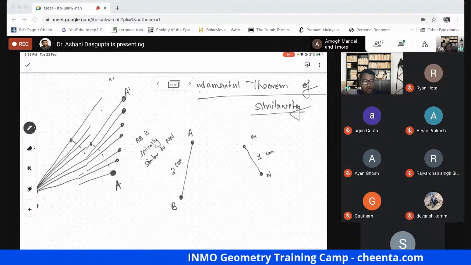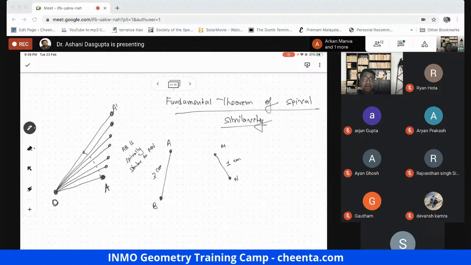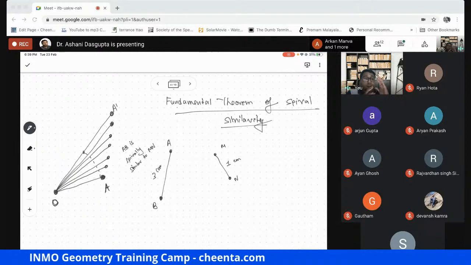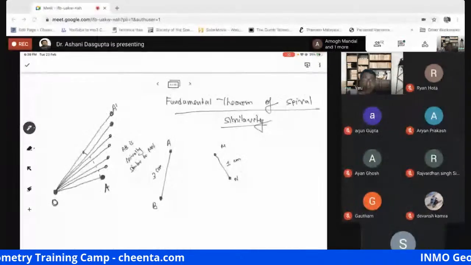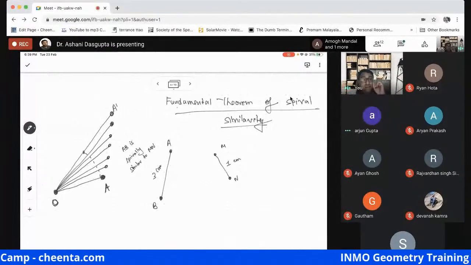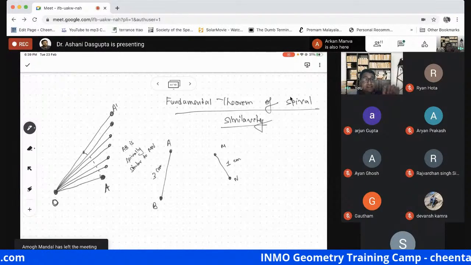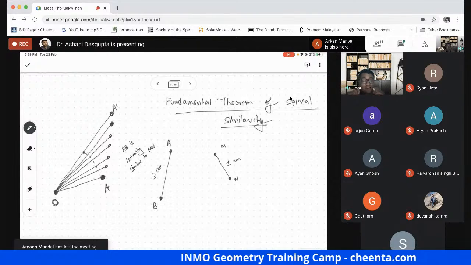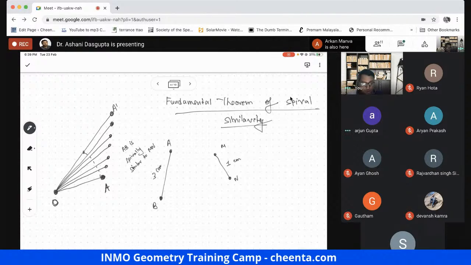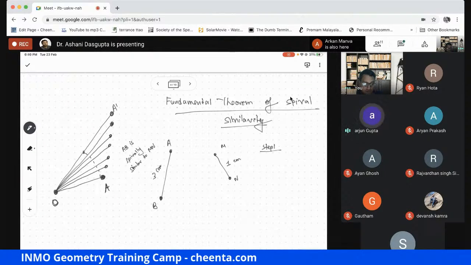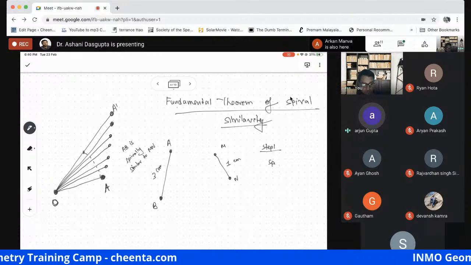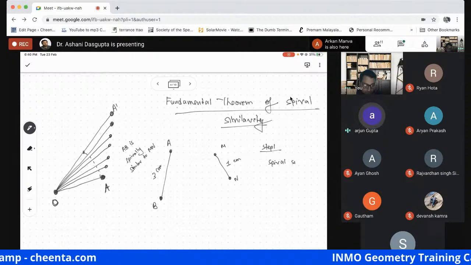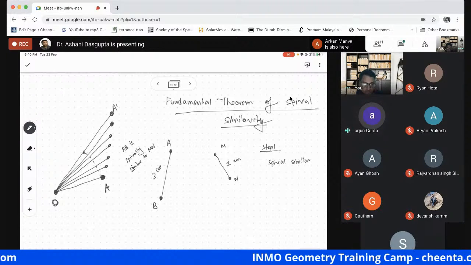So, can you show rigorously that AB is spirally similar to MN? And to do that, the first thing you need to find out is the center of spiral similarity. So step one. But sir, while we move AB, we need to move AB such that it is rotating about a point.